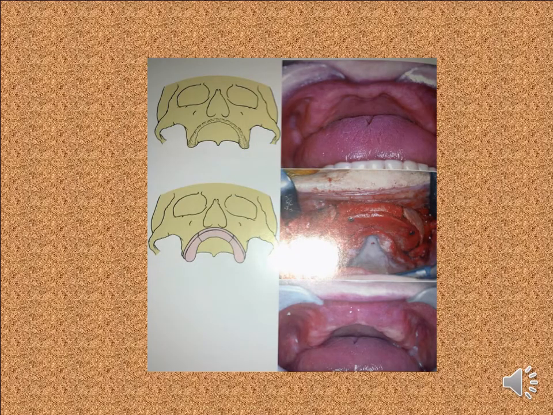This figure shows the use of ribs taken from the 11th and 12th ribs, below the chest and above the abdomen, which can be taken and used as bone graft for the maxilla, as you see in this figure.